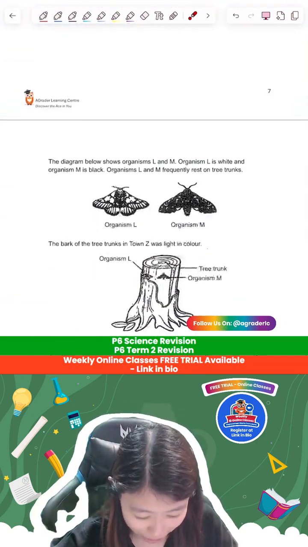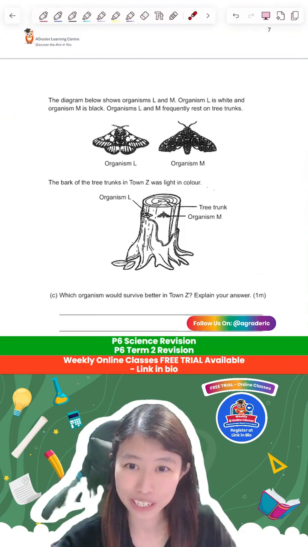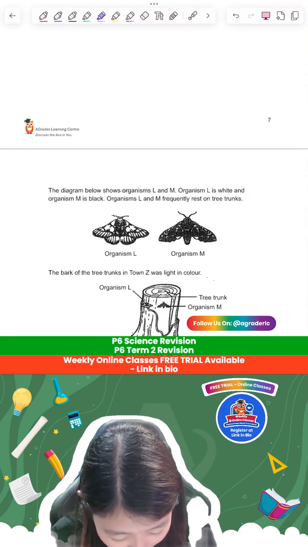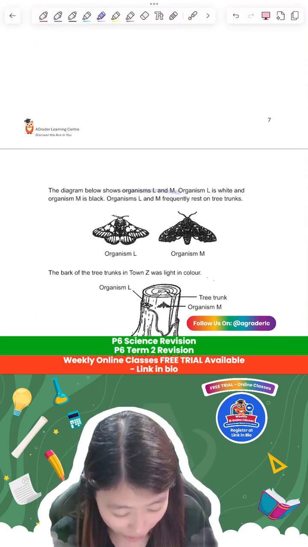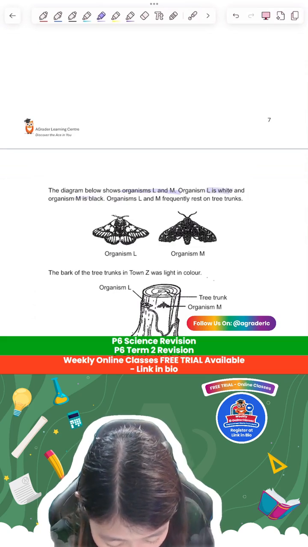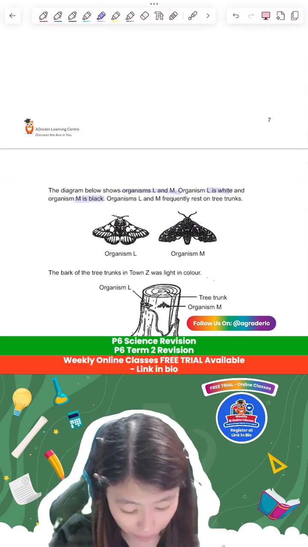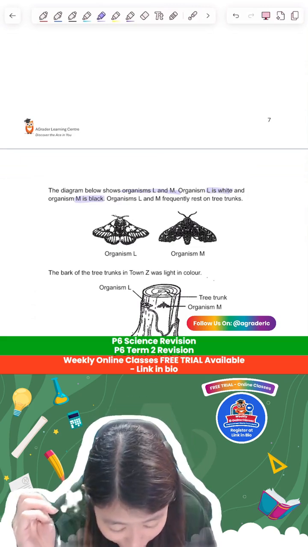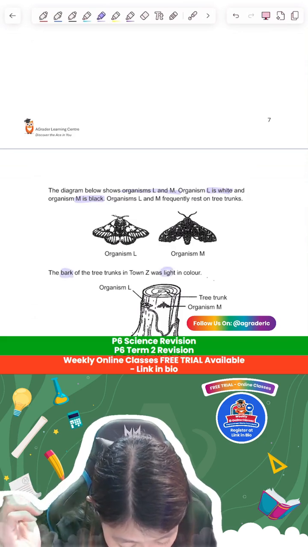Almost done. The last part is Kahoot. So over here, the diagram below shows organisms L and M, and they mention that organism L is white, M is black. Organisms M and L frequently rest on tree bark, and they said that the bark was light in color.